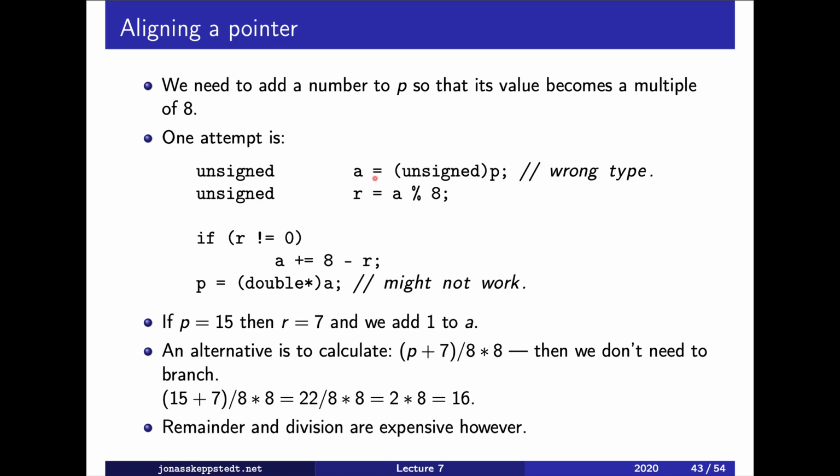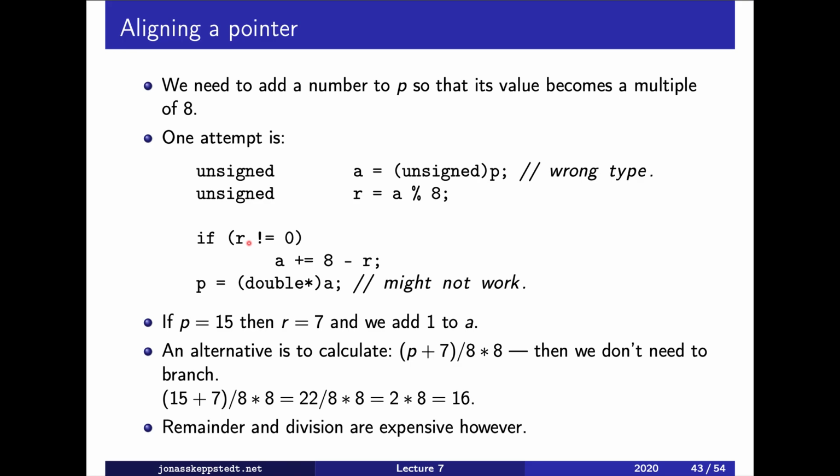The basic idea with this is not bad, but the type is wrong, because an unsigned is typically 32 bits and a pointer instead 64 bits. So with this cast we lose half of the pointer. I mean, it will become zeros afterwards, the bits that were lost.